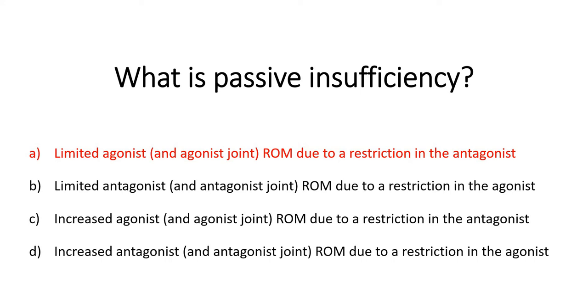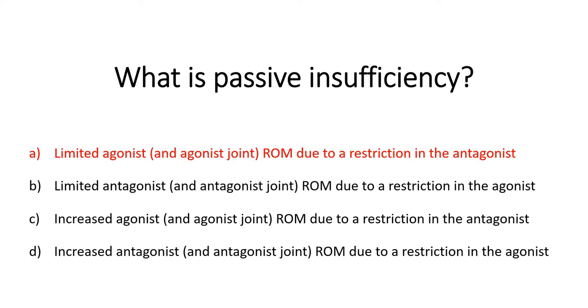Passive insufficiency refers to a restriction or a tightness in the antagonist muscle around a joint. So let's say the hamstrings, for example, which if they're restricted and if they're tight, they don't so much influence their performance, in the case of the hamstrings, knee flexion, but they are going to hinder the opposing motion by the agonist muscle.